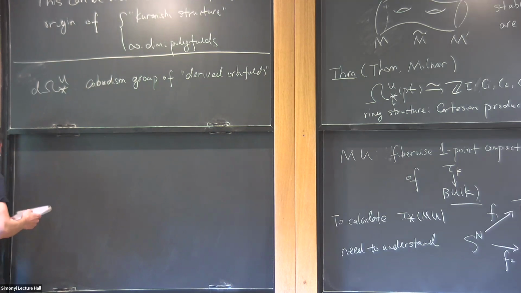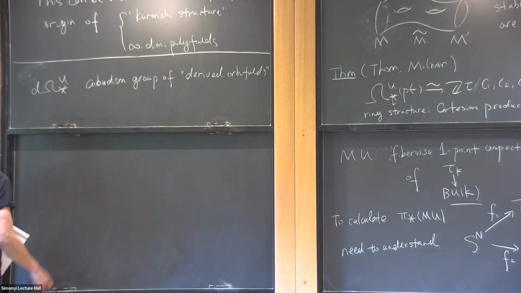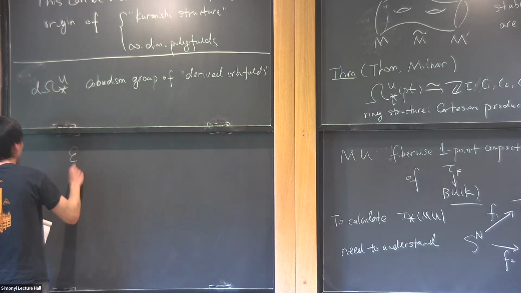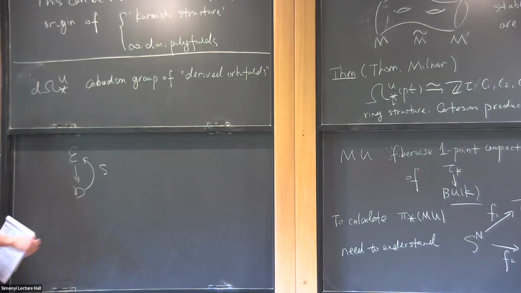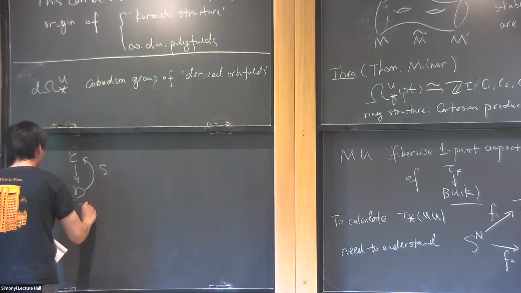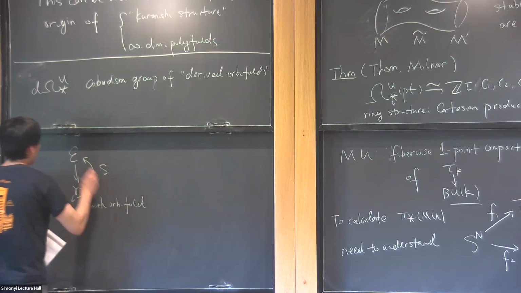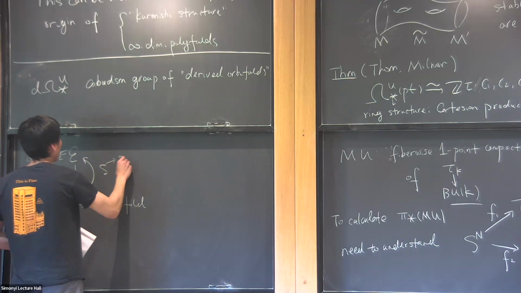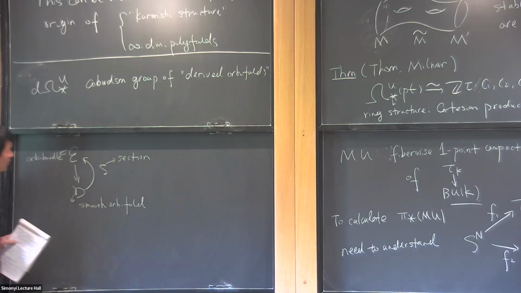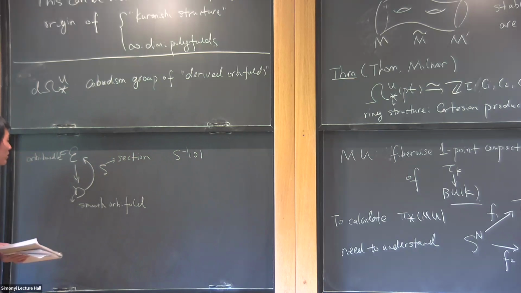Let me try to make what I just said more precise. For this cobordism group, the objects are of the following form. D is a smooth orbifold, and E is an orbifold vector bundle, and S is a section, locally modeled on equivariant sections. We require that the zero locus of the section is compact.